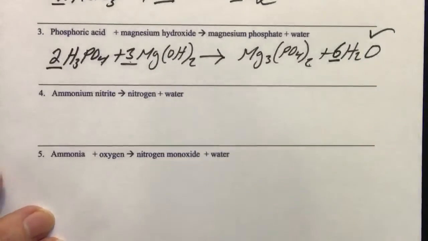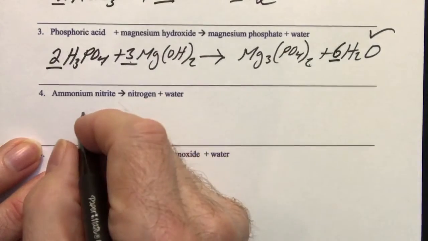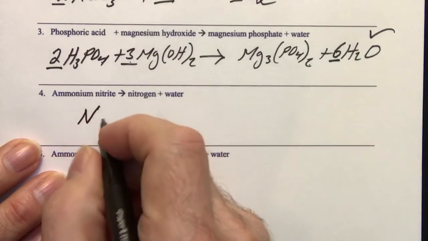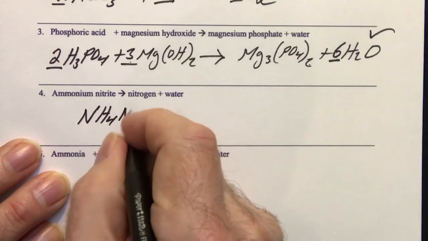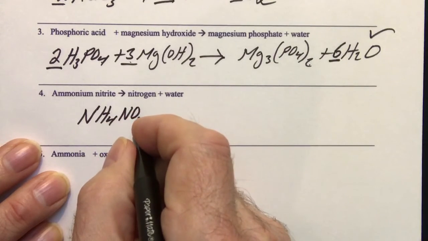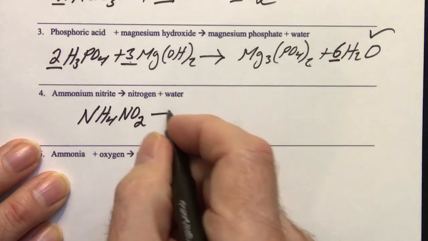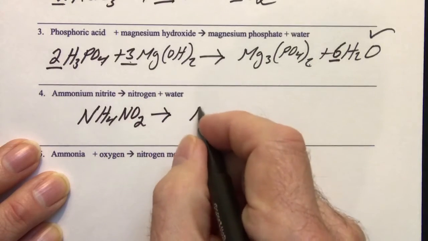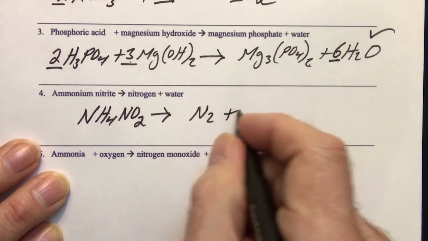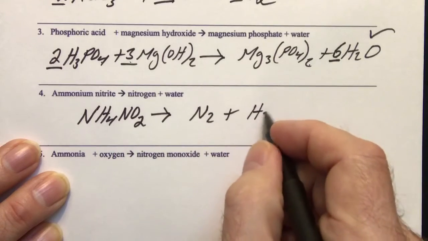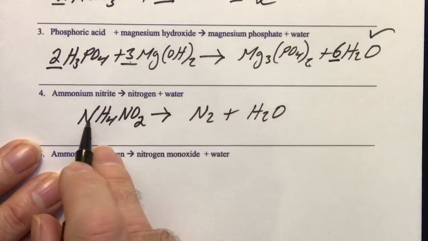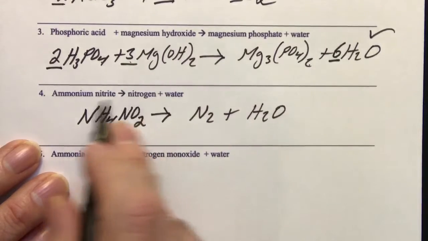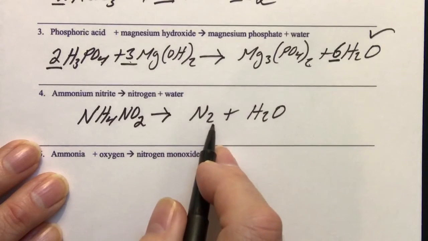Next, another decomposition reaction, ammonium nitrite produces nitrogen diatomic plus water. Now you have 2 nitrogens here, and notice you already have 2 nitrogens in the ammonium nitrite, so the nitrogens are good.